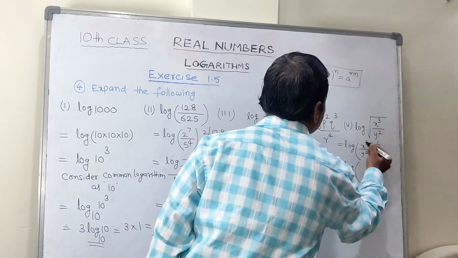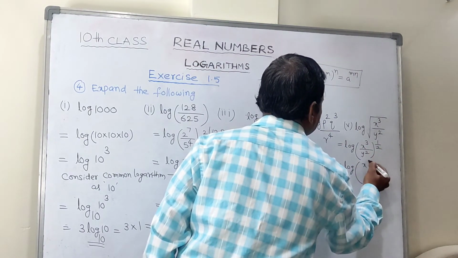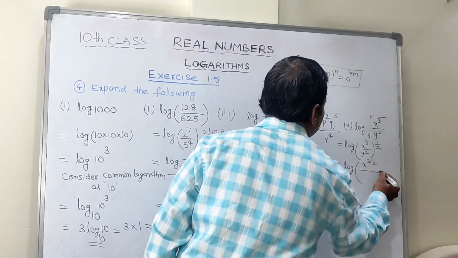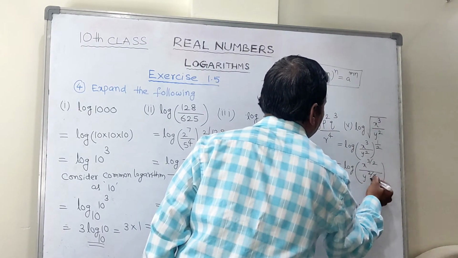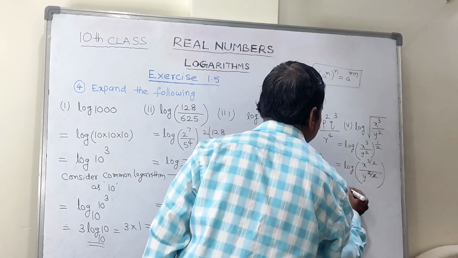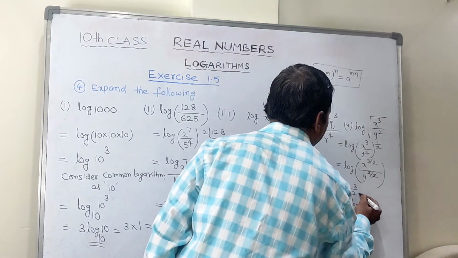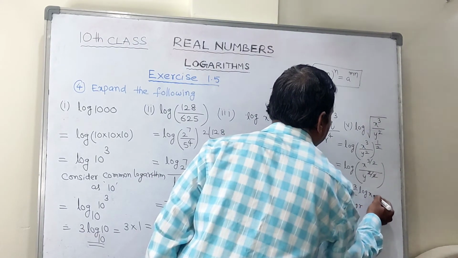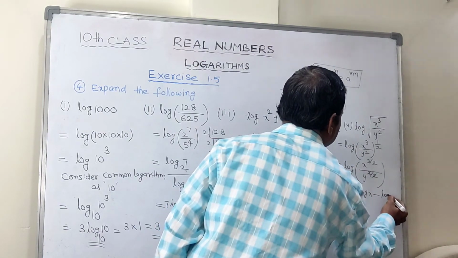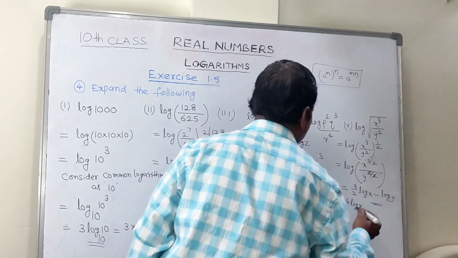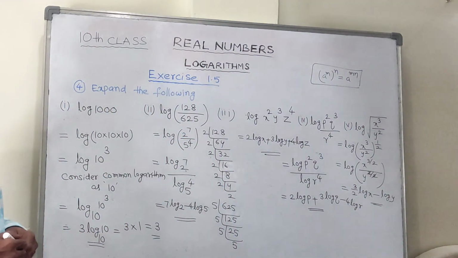Here also powers are to be multiplied, means x to the power of 3 by 2, here y to the power of 2 by 2. 2 gets cancelled. 3 by 2 log x, division becomes minus sign log y. So like this we have to do the fourth bit.